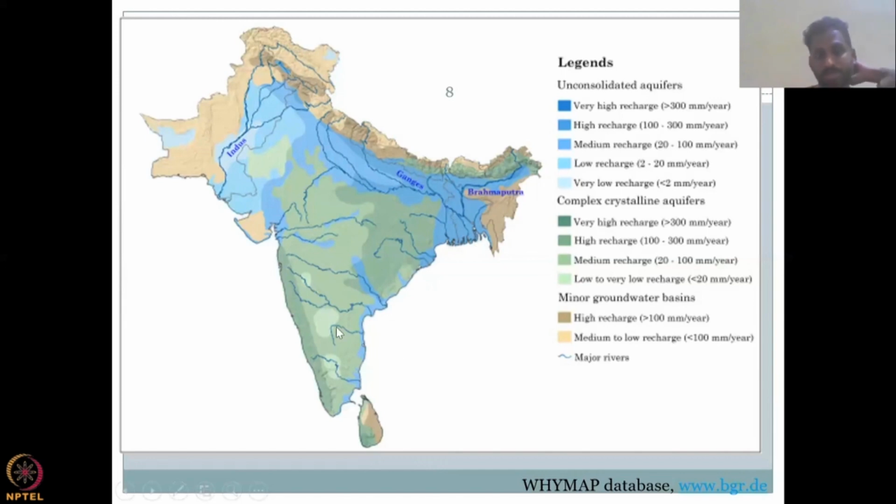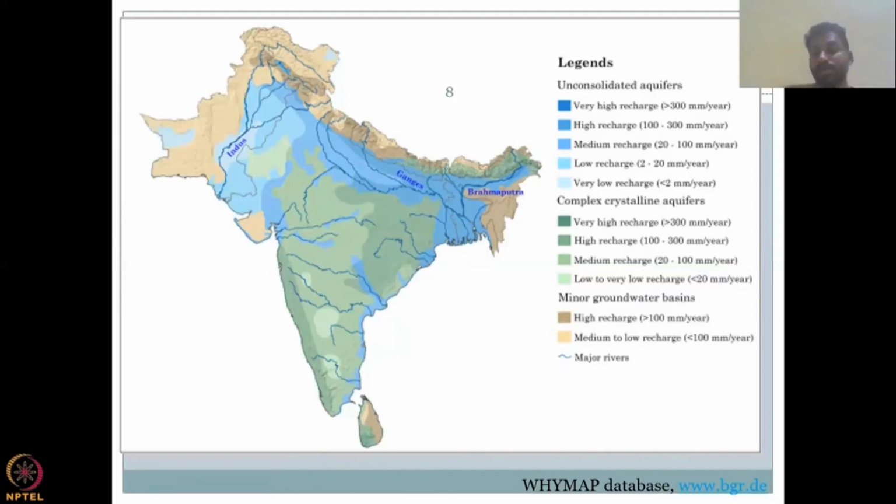If you look at the brown regions, there are not many major rivers present. So all the major rivers are in the alluvial aquifers. Look at this, there's Kaveri, Krishna, Narmada, Brahmaputra, Ganges. And also you have the hilly regions with good rainfall in the high yielding complex crystalline aquifers.